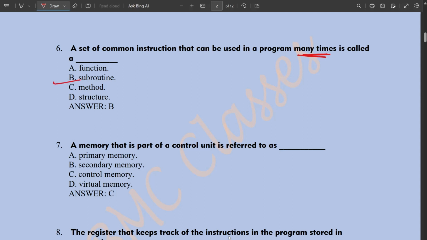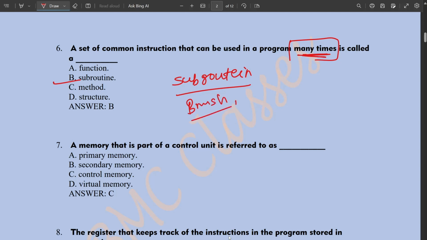Next, a set of common instructions that can be used in a program many times is called what? Subroutine. When a program is using instructions many times, there will be a subroutine. Like the things you do daily, like brushing, that's your routine. The same here, the instructions that can be used in a program many times are a subroutine. Option B is correct.